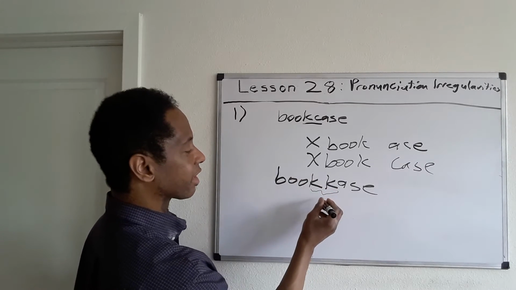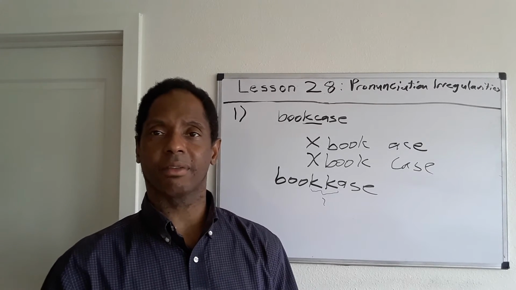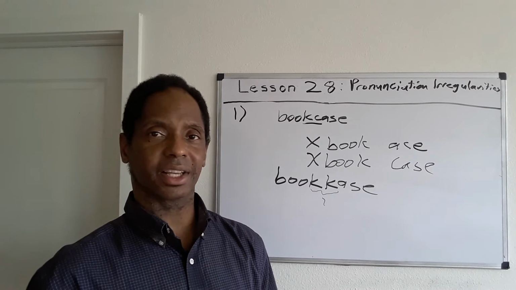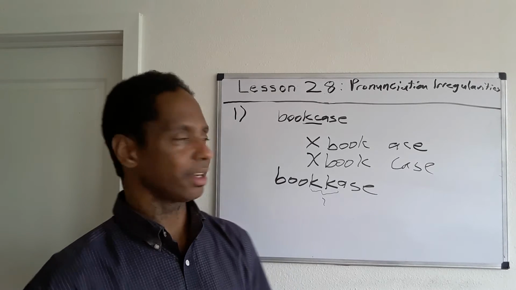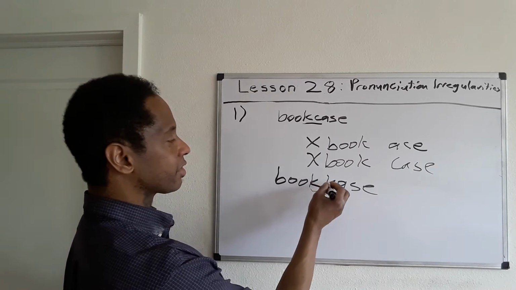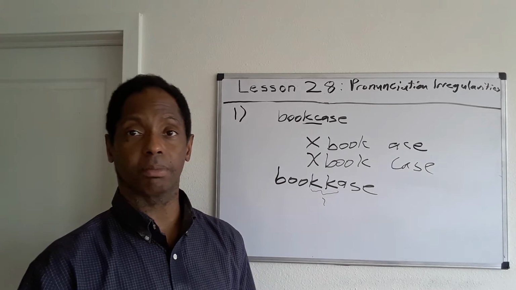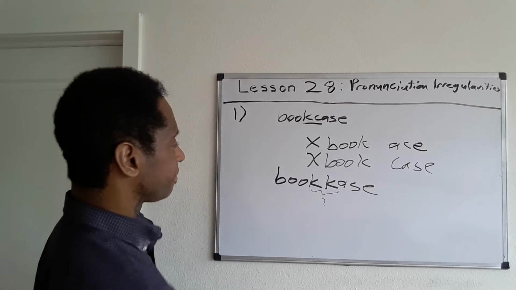It's almost a hiccup, right? You kind of stop for a brief moment to say bookcase. So two letters together does that little hiccup thing that we use with bookcase, okay?